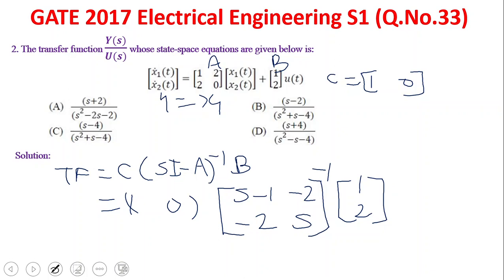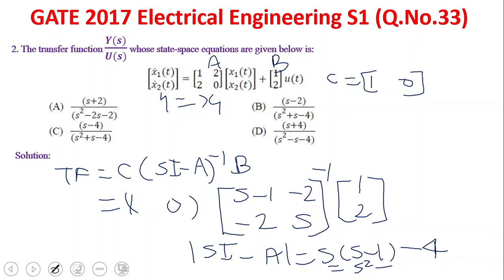Whenever you get a 2 by 2 matrix, finding the inverse is very simple. Before that, find the determinant of sI minus A. It is s into (s minus 1) minus 4, which simplifies to s square minus s minus 4.